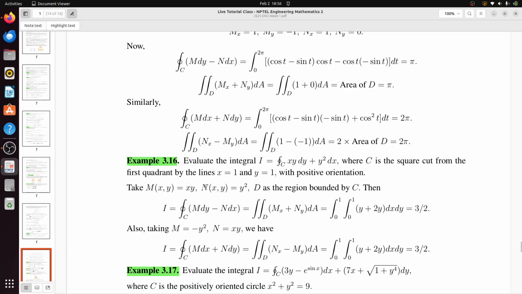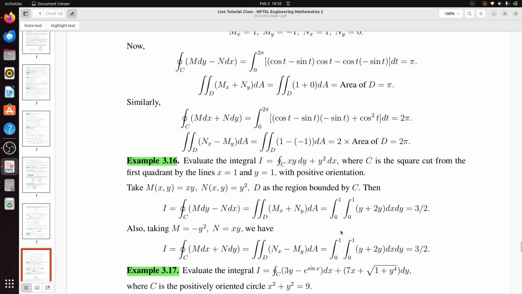This m and n you can use in other ways also. You have m dx plus n dy, your m is y square and your n is xy. So m dx plus n dy will be del n del x minus del m del y. I think there is a bit of a typo in this problem, you just cross check it.